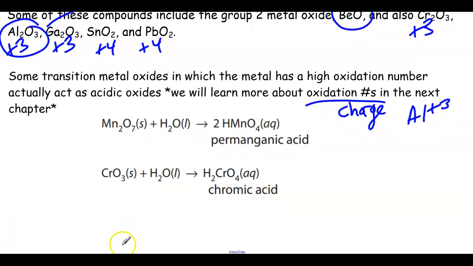Right. So here is an example where we have manganese oxide, and this manganese has a charge of +7, which is one of the rare ones. We don't usually see that too much. But the +7, when it reacts, is definitely behaving like an acid. And same thing, chromium 3, this is behaving like an acid.